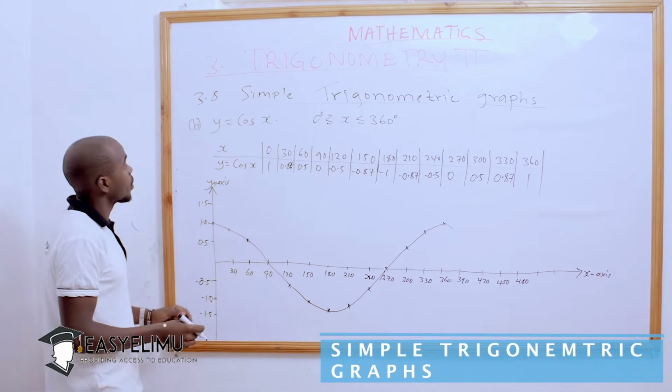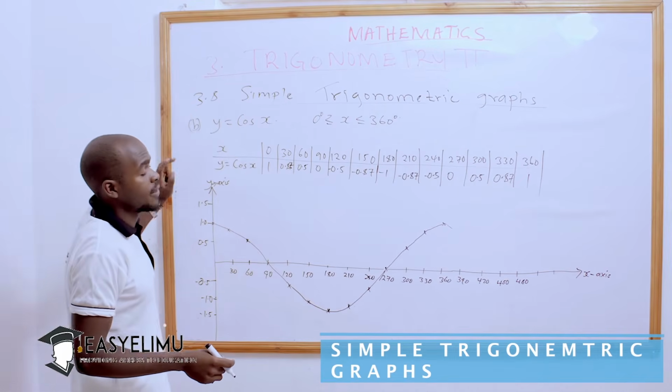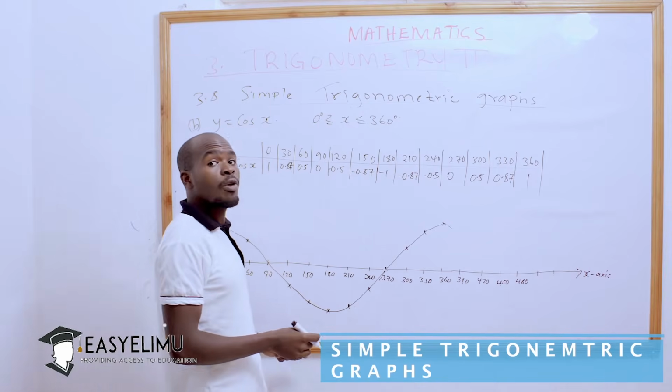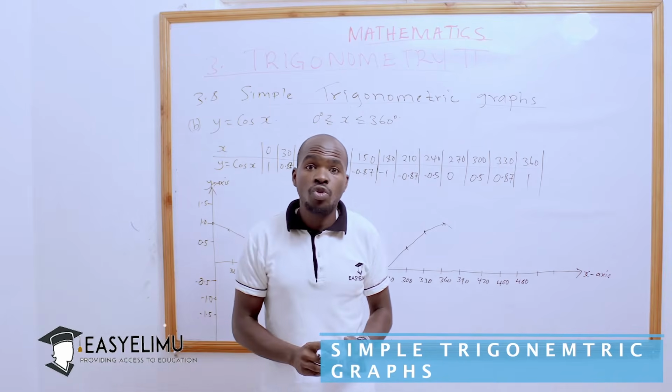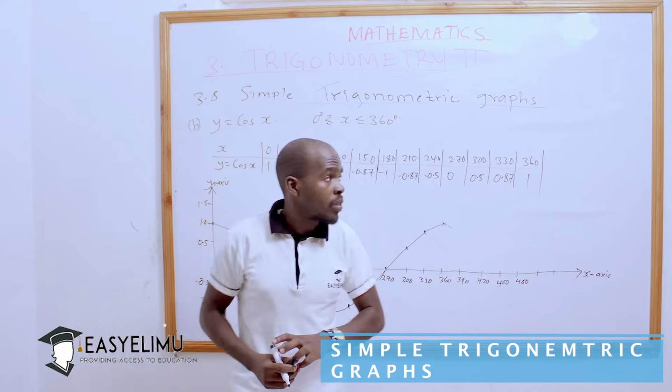Now we have y equals cos x with an interval of 0 degrees to 360 degrees.